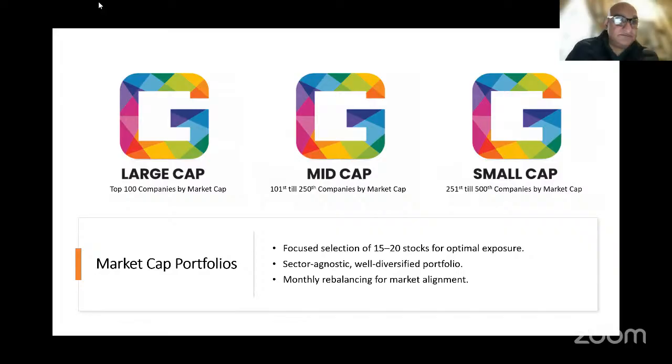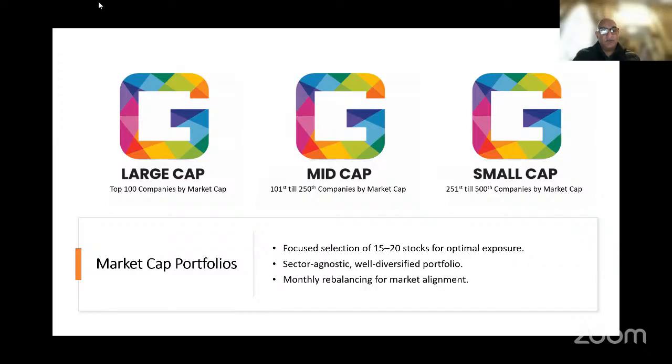Now, as Simran mentioned, we are very happy to announce that we are adding, besides the 4 portfolios we have just covered, 3 more new portfolios, which will be focused on different market segments, market cap segments in the stock market. So the large cap smallcase will be focused on the top 100 companies.